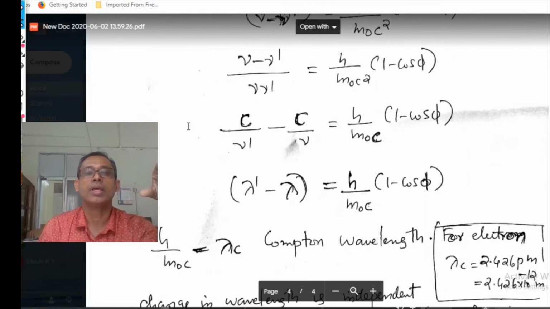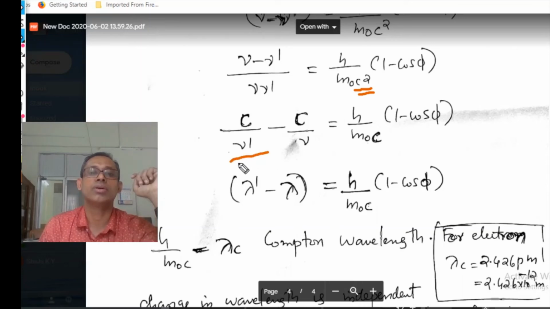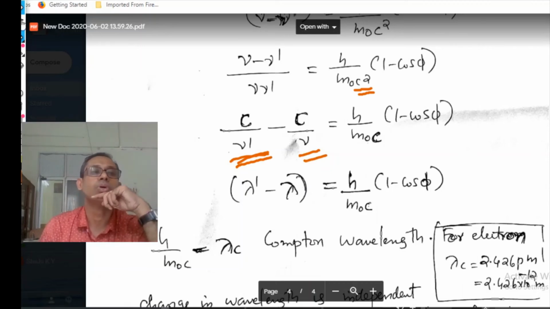Then if I take one c from here, c over nu prime minus c by nu is equal to h by m0 c times 1 minus cos phi, and c over nu prime is lambda prime, and this is lambda. So lambda prime minus lambda is equal to h by m0 c times 1 minus cos phi.